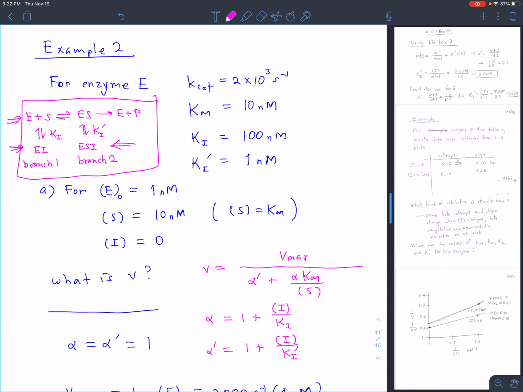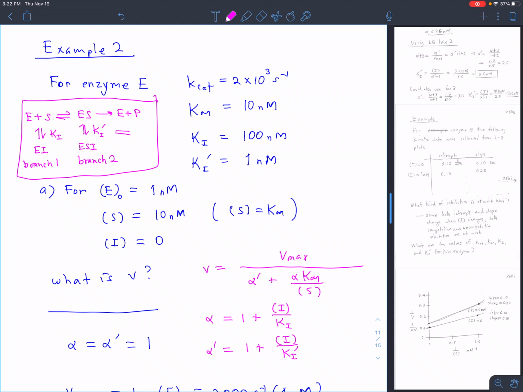Branch 1 binds the inhibitor I to the otherwise unbound, free enzyme and takes it out of action, basically. The EI complex is inactive, so it just binds up some of the enzyme. There's effectively less enzyme in solution than there was before.